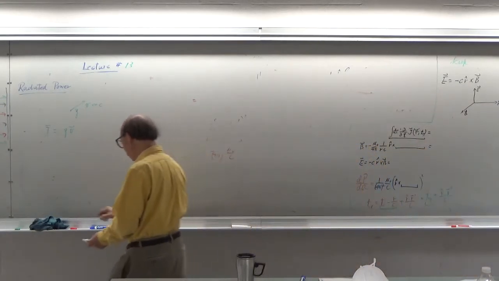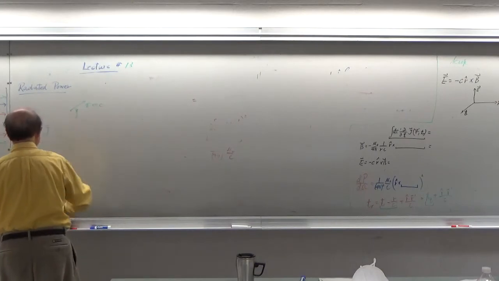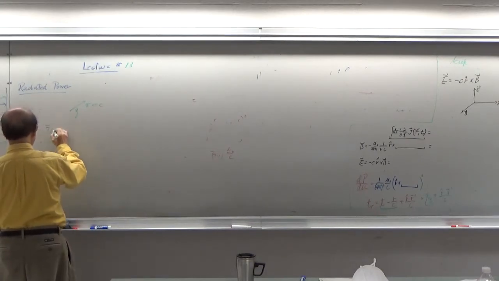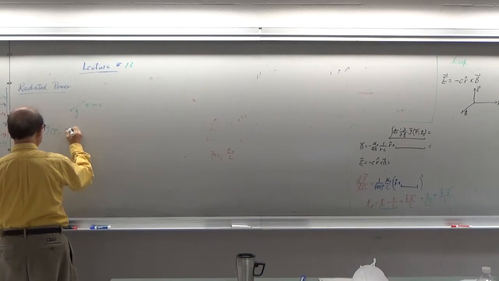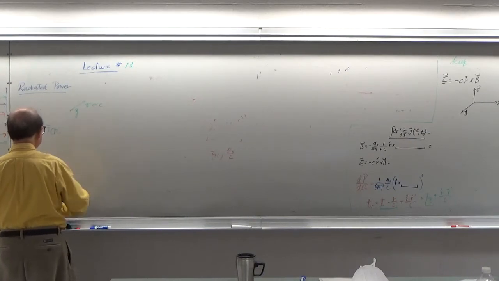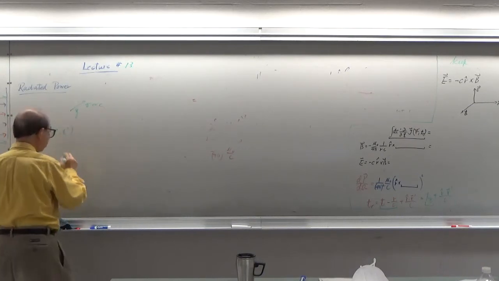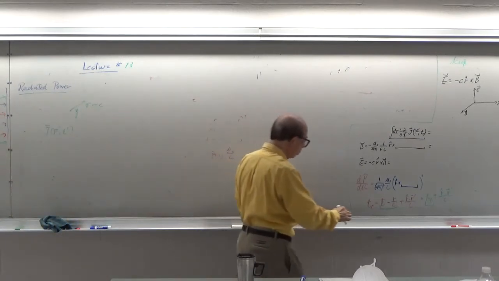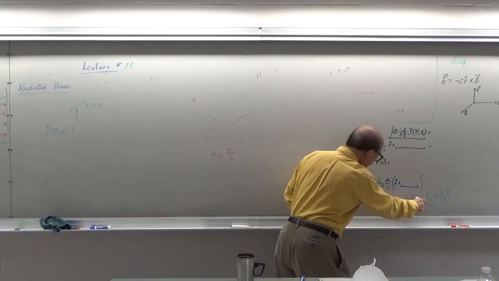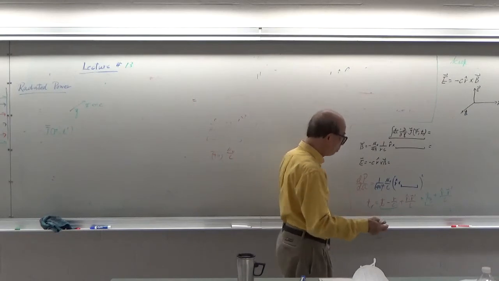So let me talk about the current at r prime, at t prime. For t prime I will later use just this t_e. I call it the emission time, it's close enough.